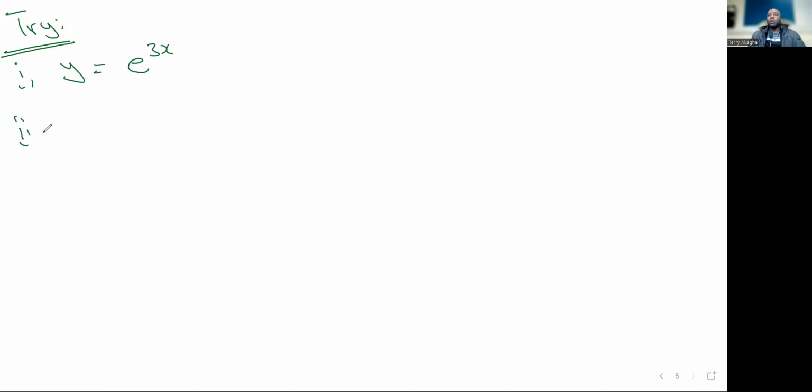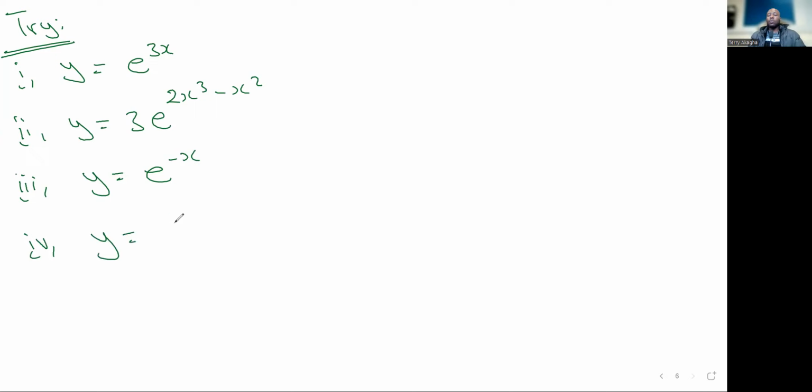Number 2, we have y is equal to 3 exponential 2x cubed minus x squared. Another one we have is y is equal to e raised by minus x. And number 4, we have y is equal to 8 exponential minus 1 over 2x.